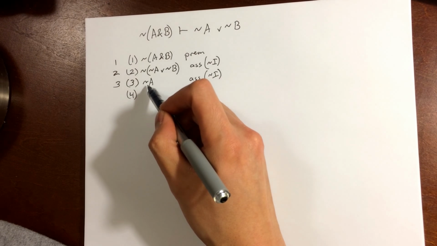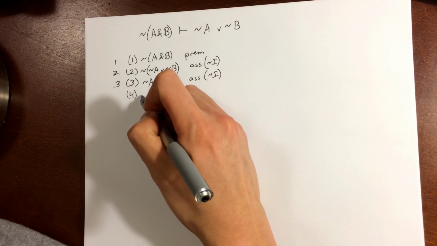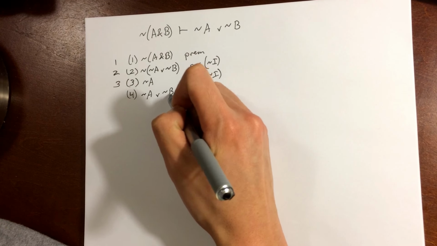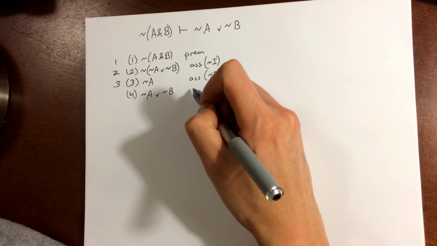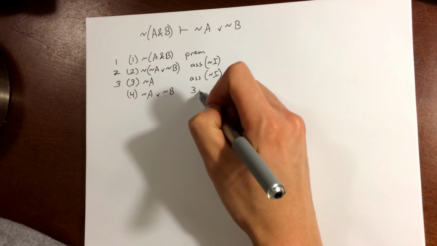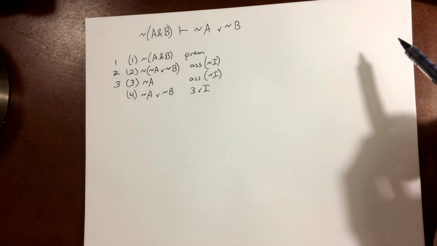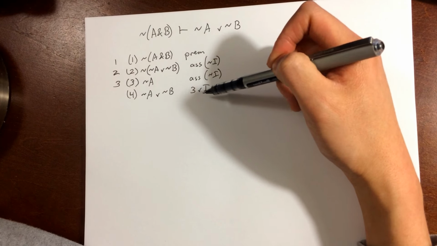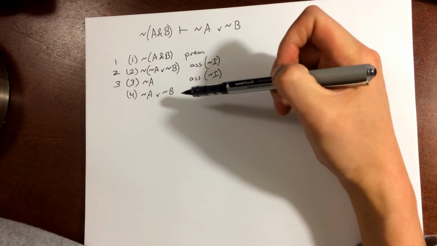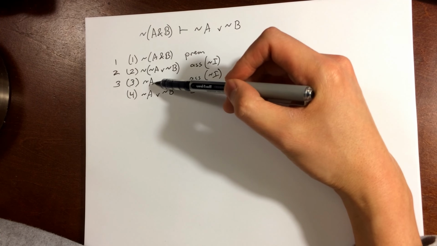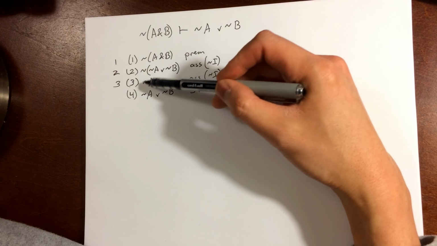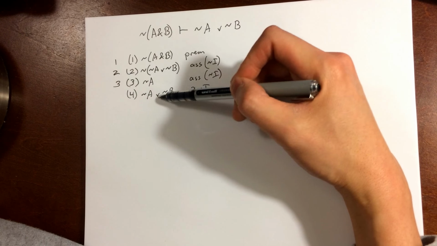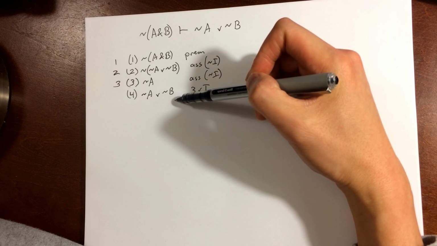So here, if you assume not A, you can create not A or not B for you, right? And that's from 3, or introduction. So or introduction, just a little bit on or introduction. Since we know, or rather we assume that not A is true, right, from the truth of any formula, its disjunct must be true.